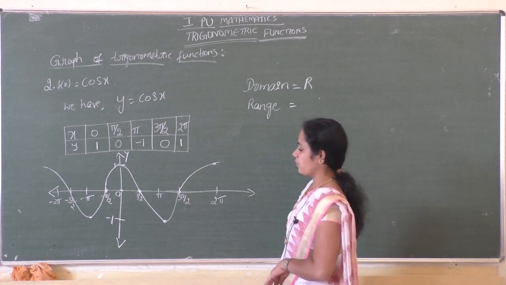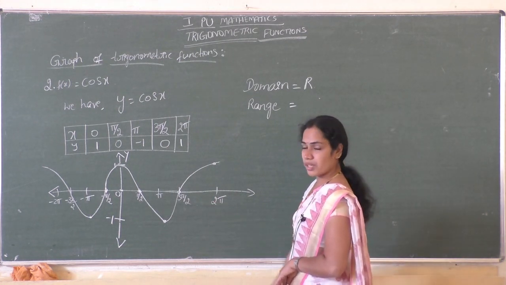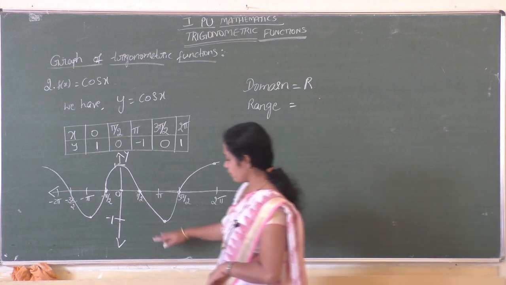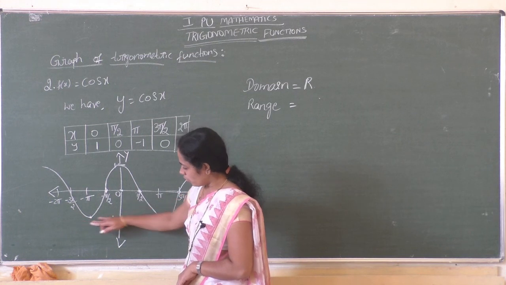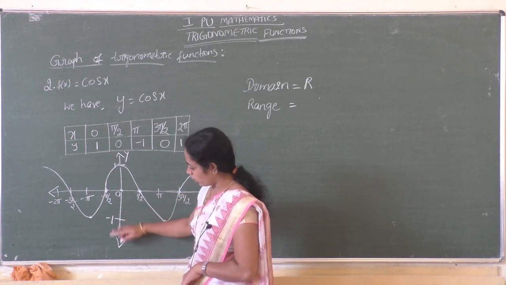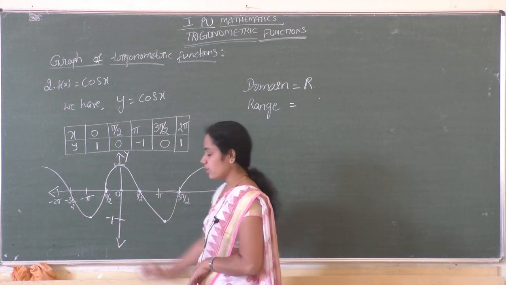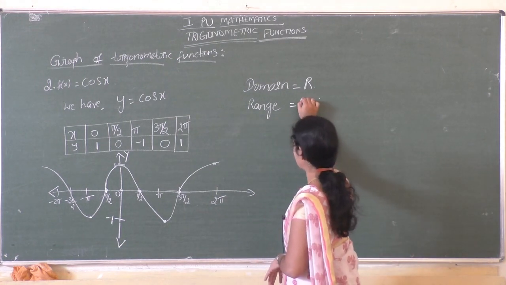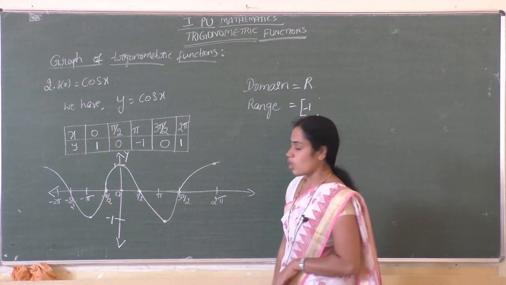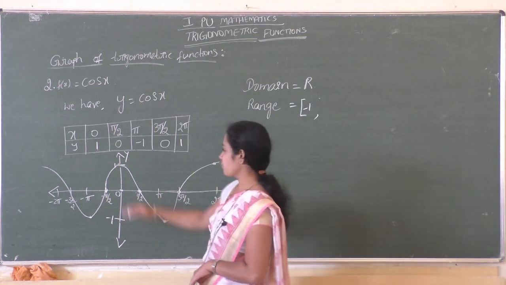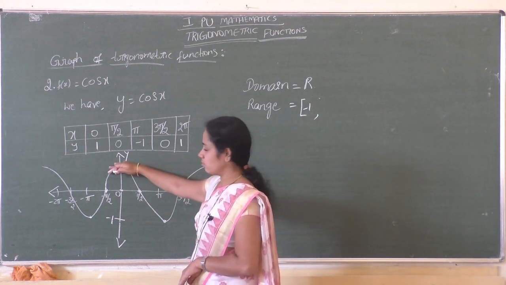What about the range of the function? What is the least value in the graph? Minus 1 is the least value. The graph is not below minus 1, so minus 1 is included here. What is the highest value? The highest value is 1.